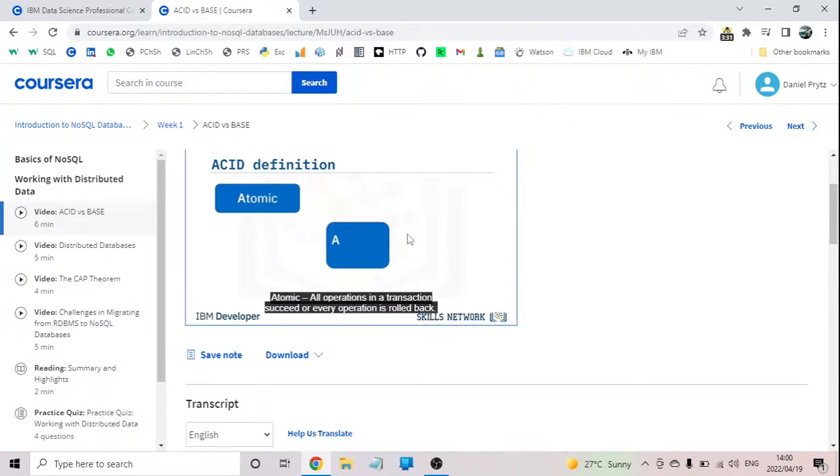Atomic means all operations in a transaction succeed, or every operation is rolled back. All operations in a transaction succeed or they are rolled back. Okay, so that is atomic.